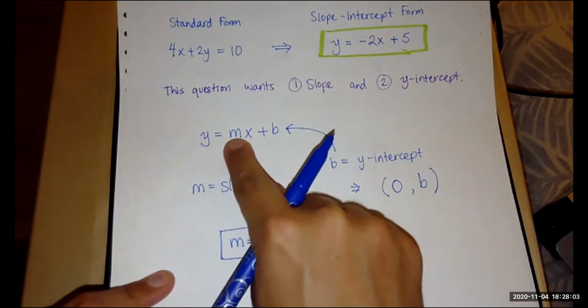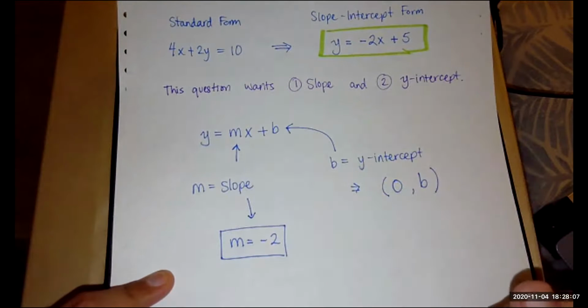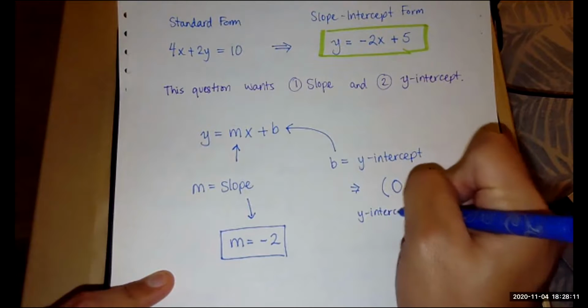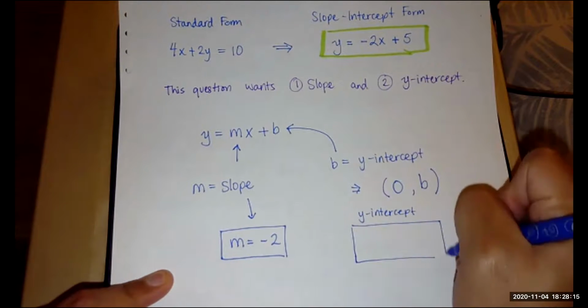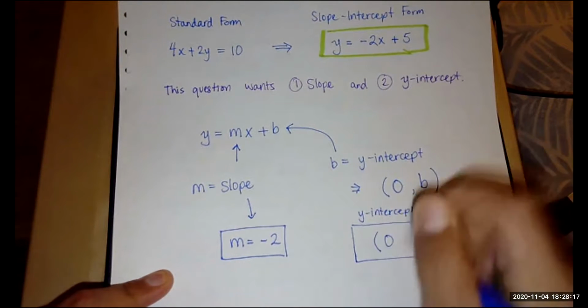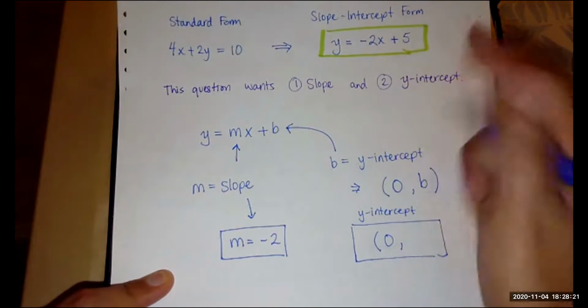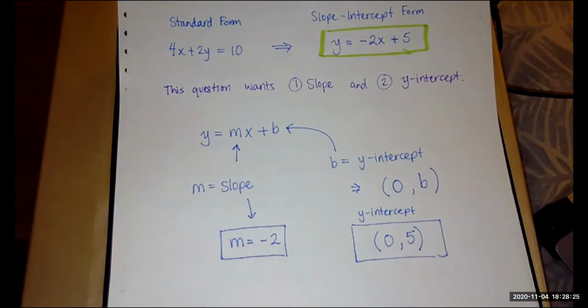The m, that number, is the slope. And that means that my y-intercept, written as an ordered pair, is going to be parentheses 0, comma, whatever this number b is, and it turns out that it's +5. So that's all the question's asking you for.